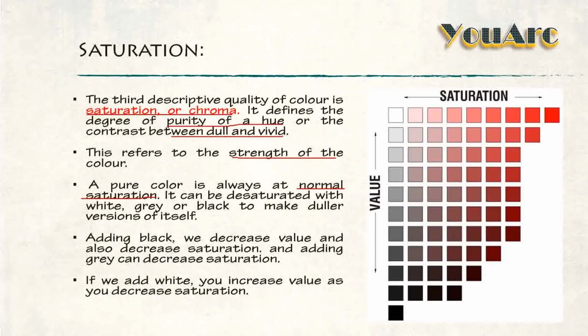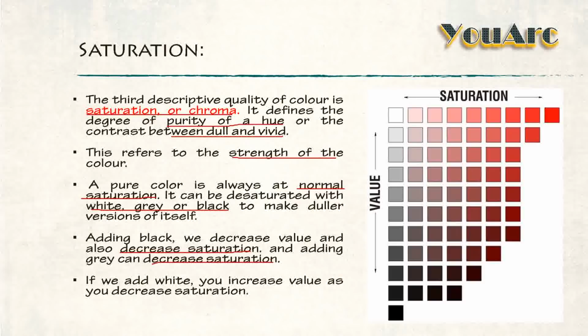So if we have to desaturate it, we have to add white, gray, or black to make it a duller version of itself. Adding black, what we saw in value, we decrease the value because it becomes 0 when we are adding black, right? Same way here, if you are adding black, you decrease saturation, or even if you add gray, you decrease the saturation.